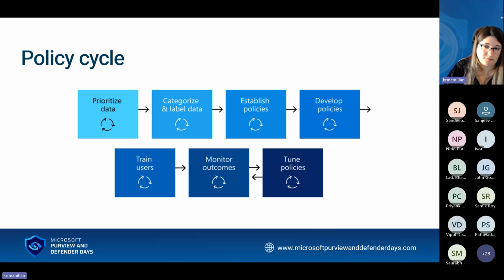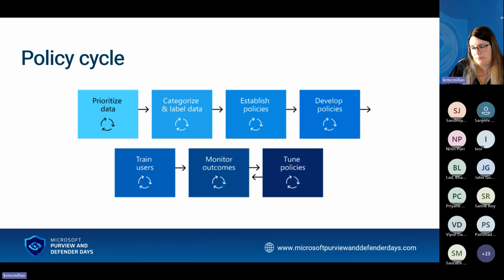Once you've established those policies and what they need to be for those categories of data, that's when you will develop them, and then you develop those policies to adhere to specific configurations and how your organisation wants to manage that data.